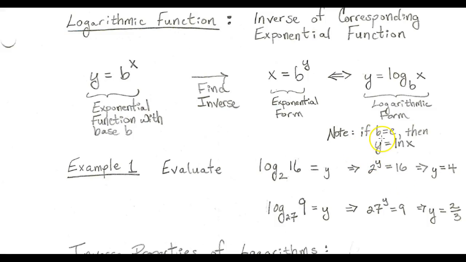So first of all, note that if the base b is equal to e, just like e to the x is called the natural exponential function, over here that's called the natural logarithmic function. So we don't typically write log base e of x, we write ln of x. It means the natural log, which is log base e of x.